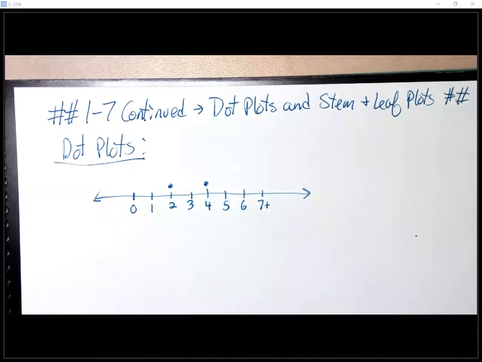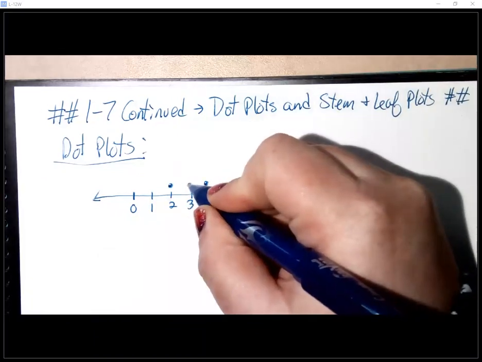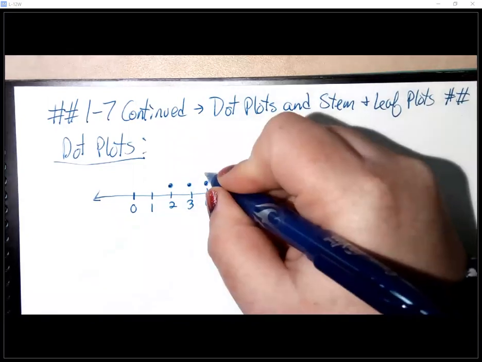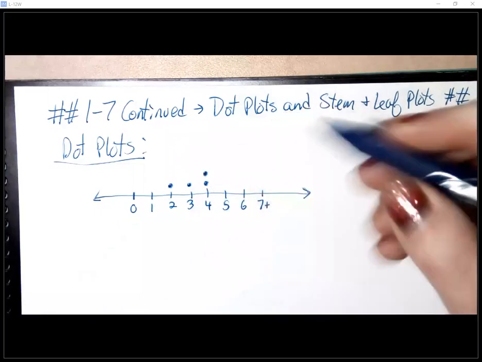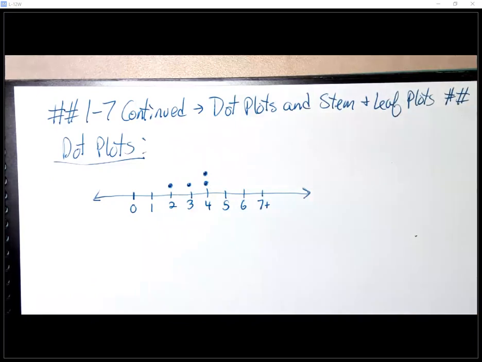Just give me your number. 3. Okay. Francisco, how many pets do you have? 4. So now that I have a second answer at 4, see how I'm putting a second dot and then I'm just going to build them up as I need to, okay?